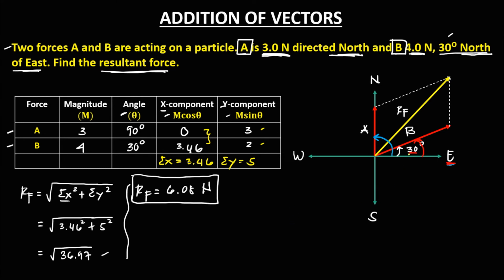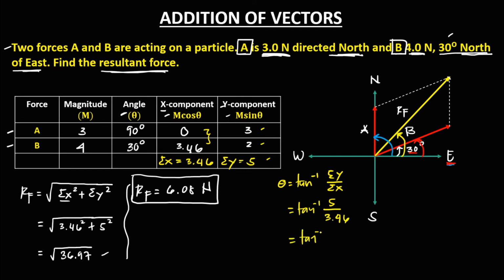Then this time, to find this angle, we use this formula: theta is equal to inverse tangent of the summation of y over the summation of x. So we have inverse tangent, for y that's 5, over, for summation of x, that's 3.46.